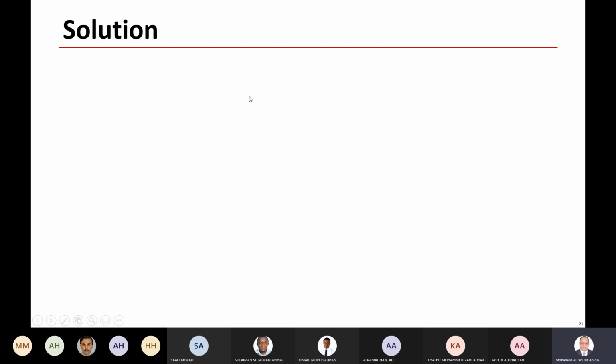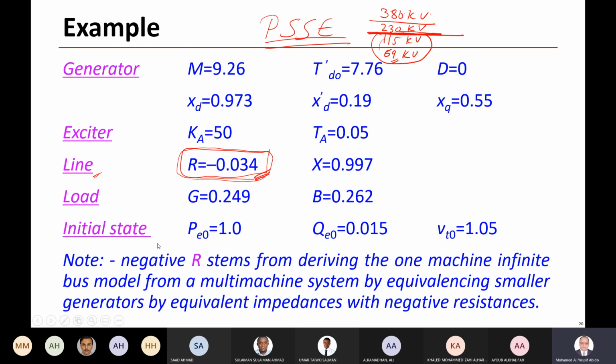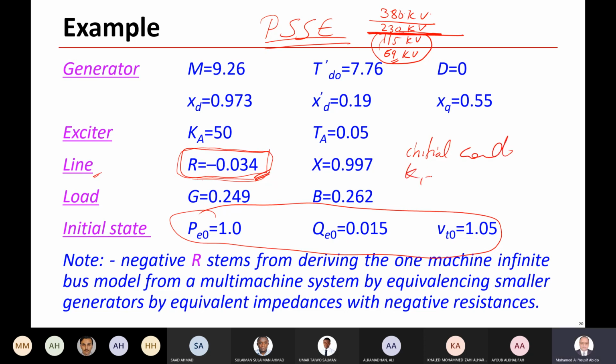Okay, and of course, how to proceed? This is very simple. You have all the information: you can get the initial conditions, you can get the linearization constants. You can build the A matrix and the AC matrix, and you can design the power system stabilizer, s equal to j omega n, with omega n being a function of K1 and so on, as we mentioned earlier.